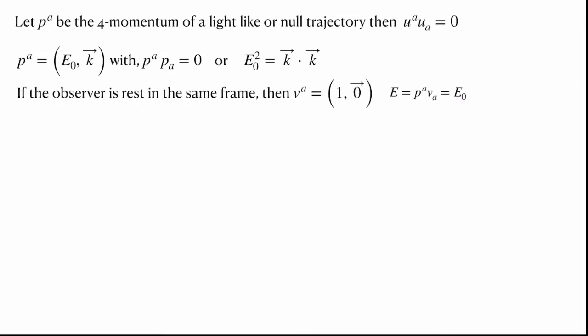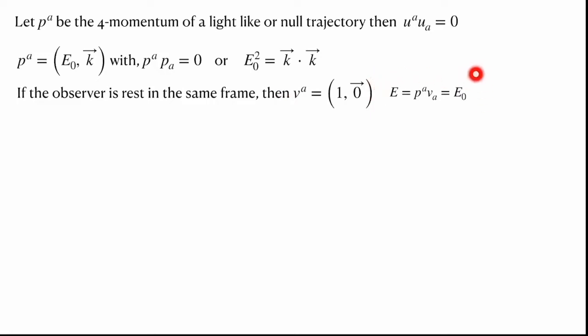If an observer is at rest in a frame whose 4-velocity is given by v^a = (1, 0), then the energy seen by that observer is given by E equal to p_a v^a, that is equal to E_0. Now what does it mean by the rest observer? Here it means that we have an inertial frame in which the momentum of the null vector is given in this form, and in that same frame the velocity of the observer is given by this form.